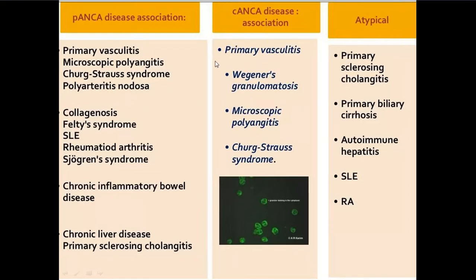In C-ANCA, you can see primary vasculitis, whereas Wegener's granulomatosis is the specific one. Microscopic polyangiitis and Churg-Strauss syndrome can show C-ANCA, but it is not specific. In Wegener's granulomatosis, C-ANCA is specific.